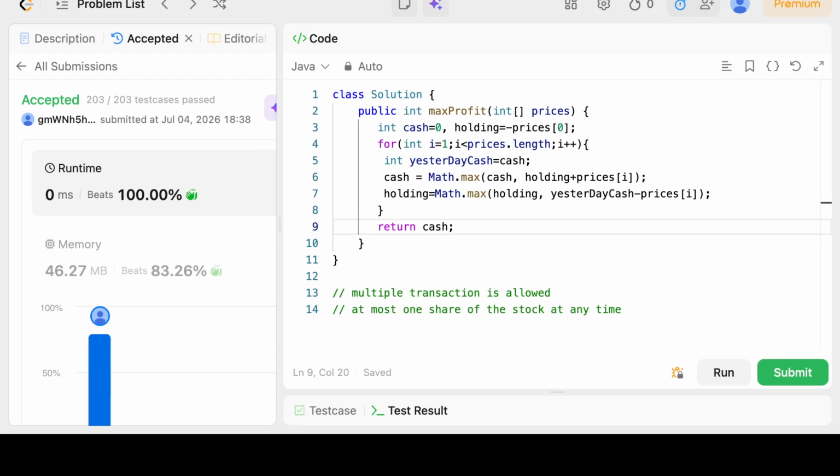So this is the pattern where you are allowed to do multiple transactions with some restriction. Whatever the restriction, you just need to adjust this formula and you can solve any variant of this problem. Okay, I will solve another variant of this problem in the next video.